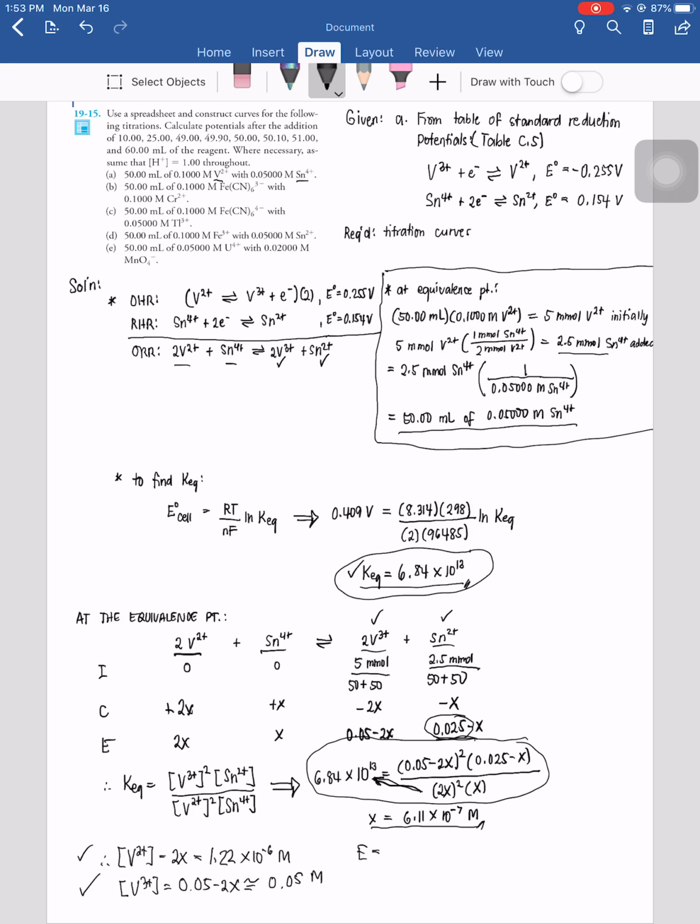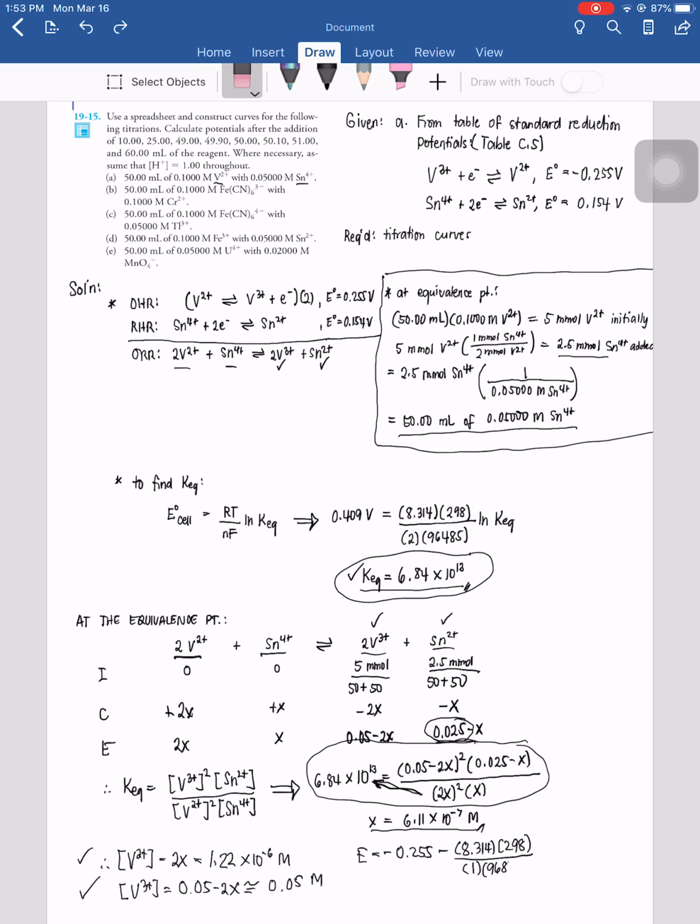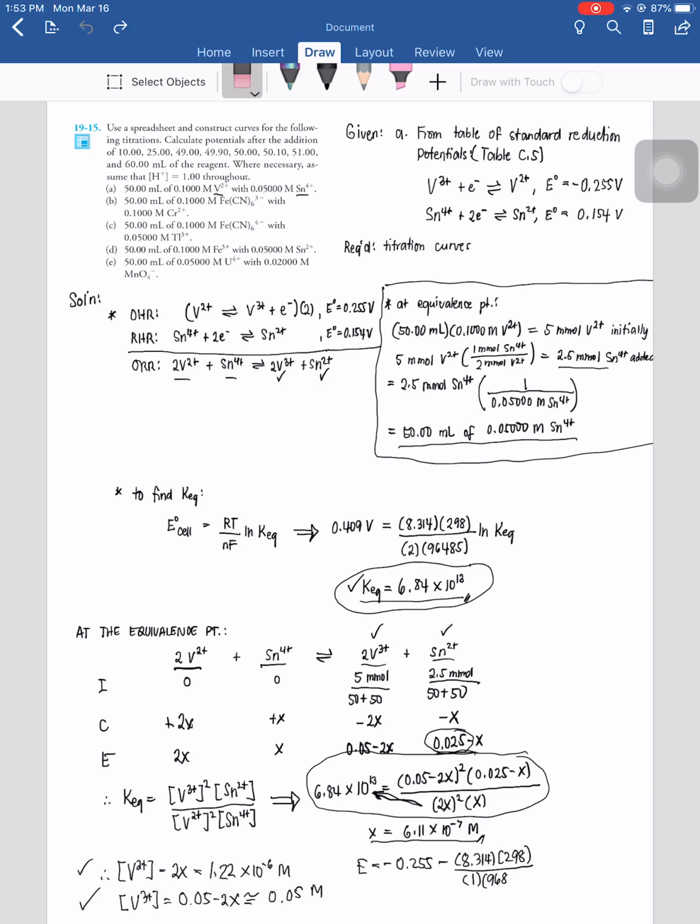So we have negative 0.255 minus 8.314 times 298 all over 1 times 96,485.